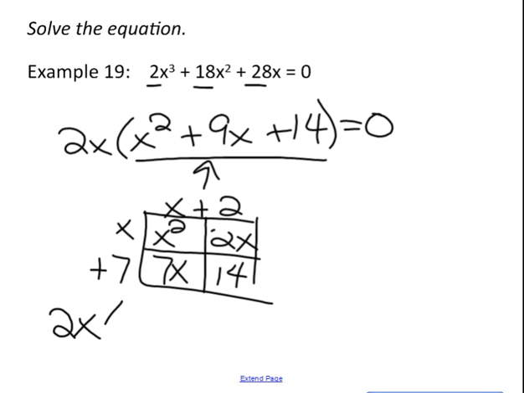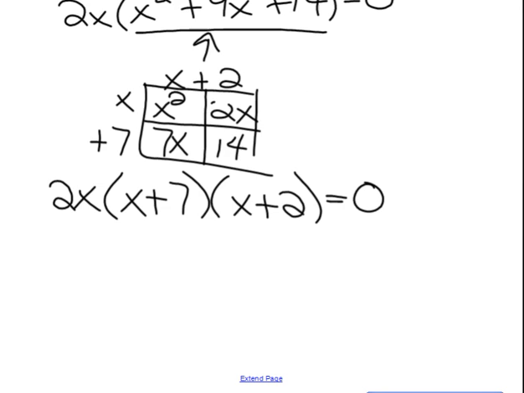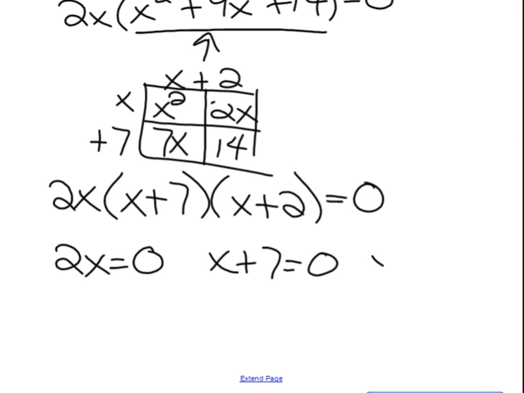So I've got my 2x, still got the 2x, can't leave that one alone. You've got the x plus 7, x plus 2 is equal to 0. To solve it, you're going to set each factor equal to 0. So 2x equals 0, x plus 7 equals 0, and x plus 2 is equal to 0.